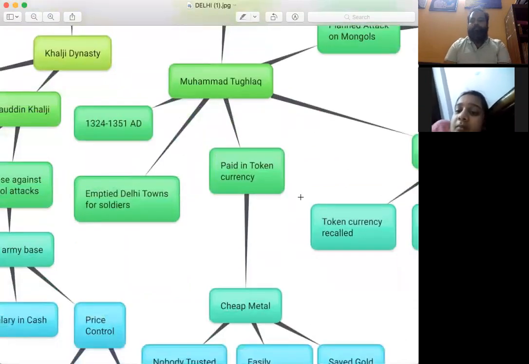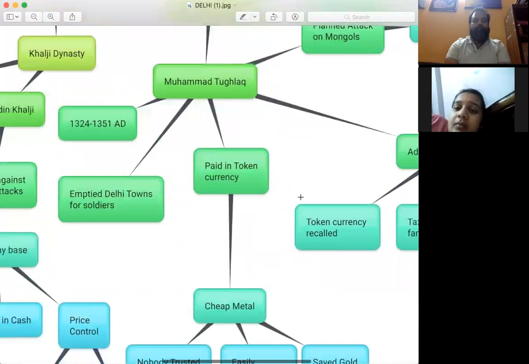For his soldiers, he basically emptied the Delhi towns. All the people were expelled from here, and only soldiers were allowed. People got very unhappy with this because they had to leave their places. So that was one unpopular thing that Muhammad Tughlaq did.